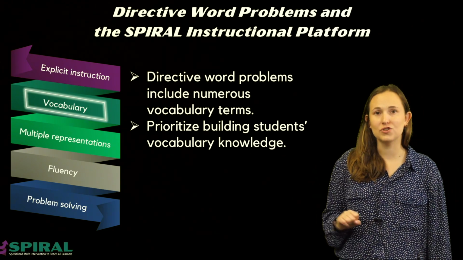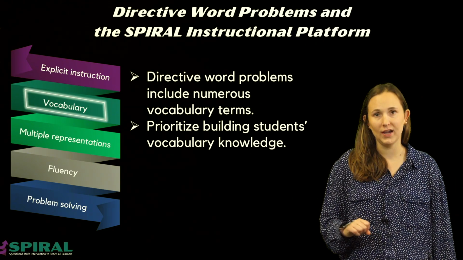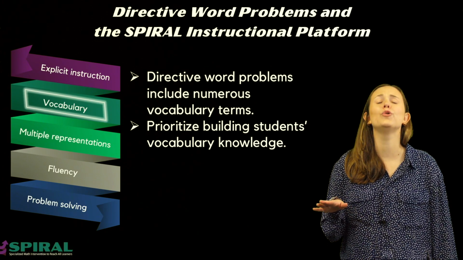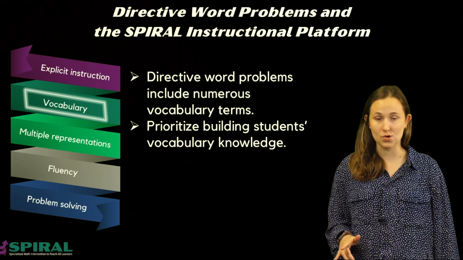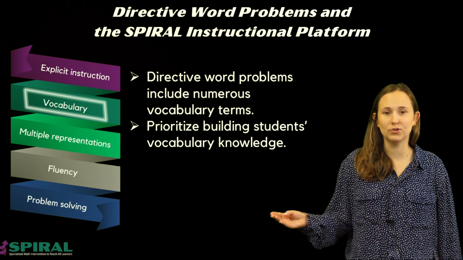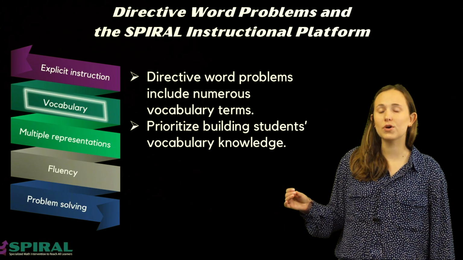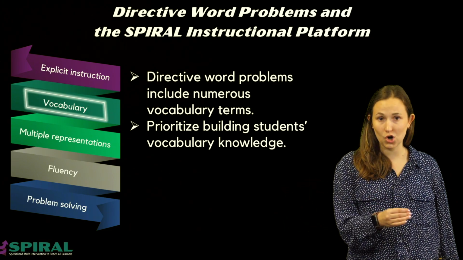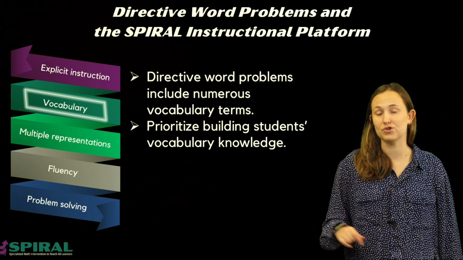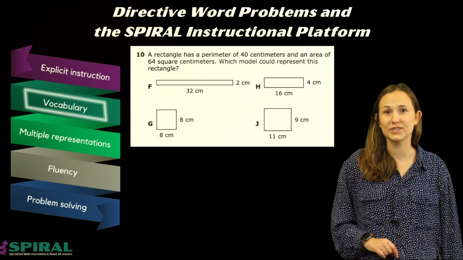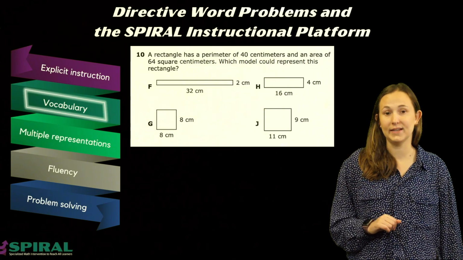Our next component of our instructional platform is vocabulary, and directive word problems include numerous vocabulary terms. We want to prioritize building students' vocabulary knowledge so those precise mathematical terms don't throw students while they're trying to solve directive word problems. So let's look at this word problem as an example.